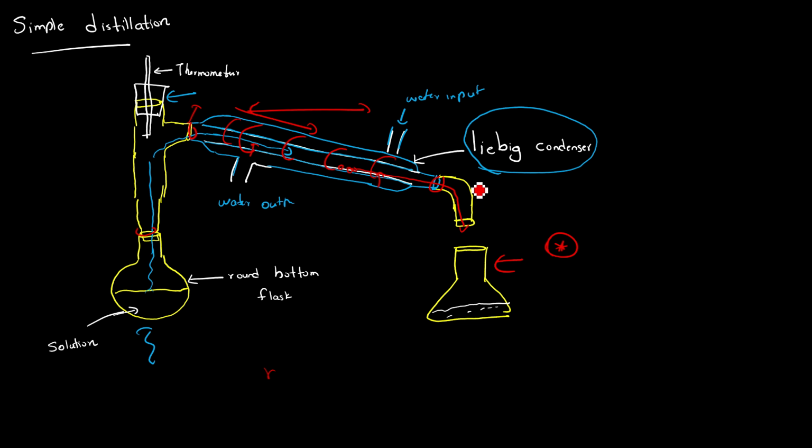I hope it's fine for you now. Again, I told you in the beginning for what occasions we use simple distillation, right? In this case, let's say your solution is well water. Then your well water contains water, and we need to extract original distilled water with no minerals in it, but the well water contains minerals, salts, and maybe some harmful bacteria.